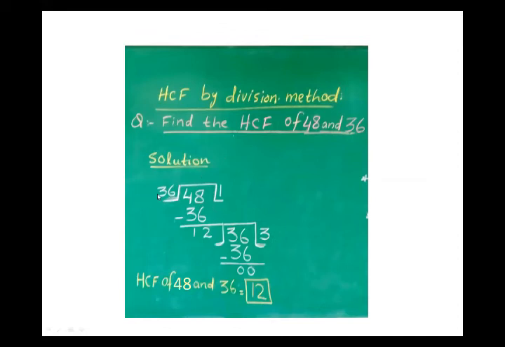You divide 48 by 36, which gives 1, and you have a remainder. Whenever you have a remainder, you continue the method of dividing.